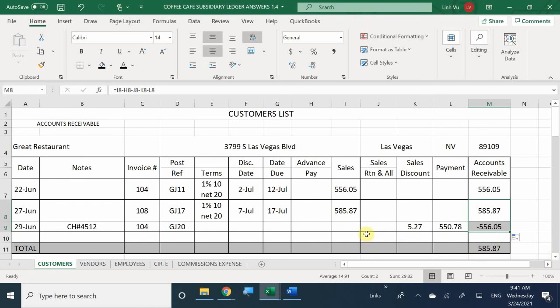So therefore, that should negate, or when you enter it in, it should look like this, right? We have the full payment for the 556.05, and therefore this person only owes us for their other bill for the $585.87.